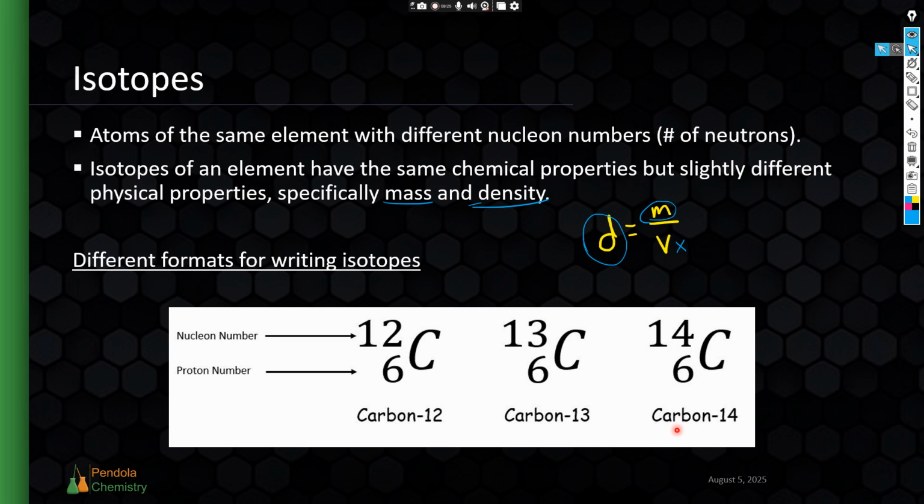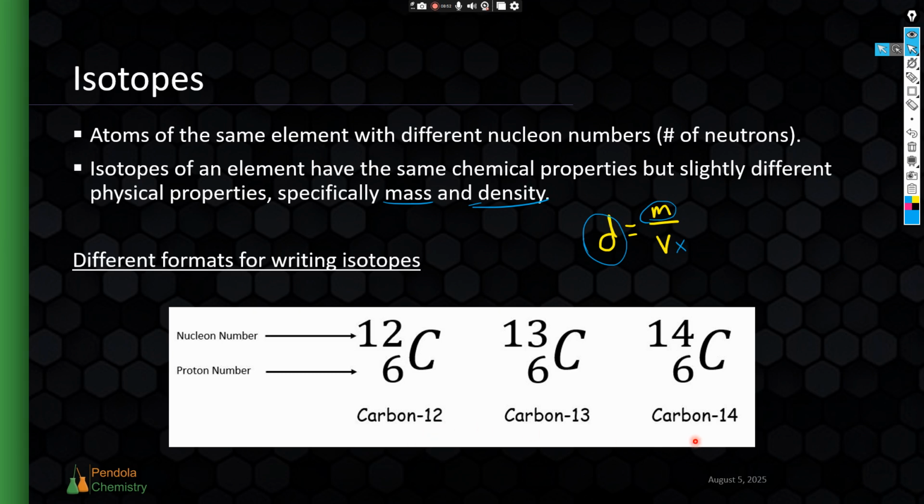You might have heard about this if you ever heard about carbon dating, which you probably have in school. Carbon dating uses carbon-14 and carbon-12, and the differences in the two in things that are organic in order to age different things, whether fossils or whatnot. So carbon can be written as carbon-12, carbon-13, carbon-14.